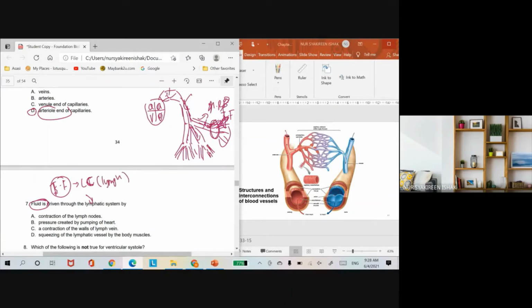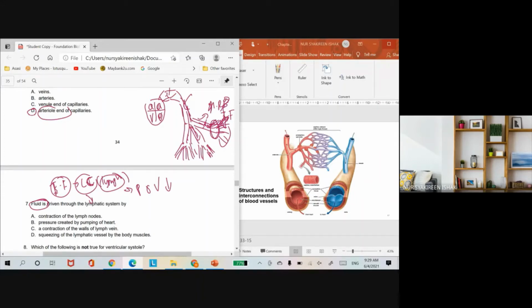Okay, lymph. So obviously the pressure of the lymph that flows in the lymphatic capillaries, and also the velocity, will be very low. So what causes the lymph to be able to move along the lymphatic capillaries into the lymphatic vessels and back into your vein, into your blood circulation?